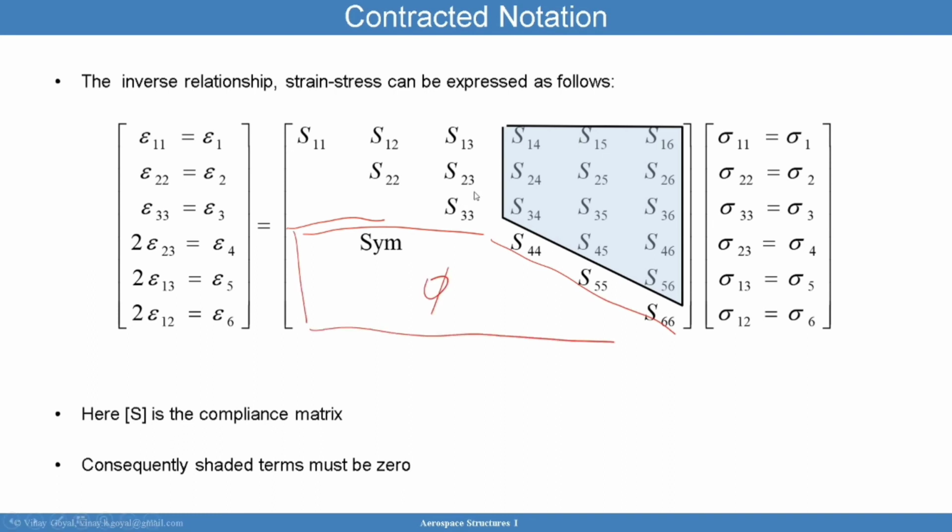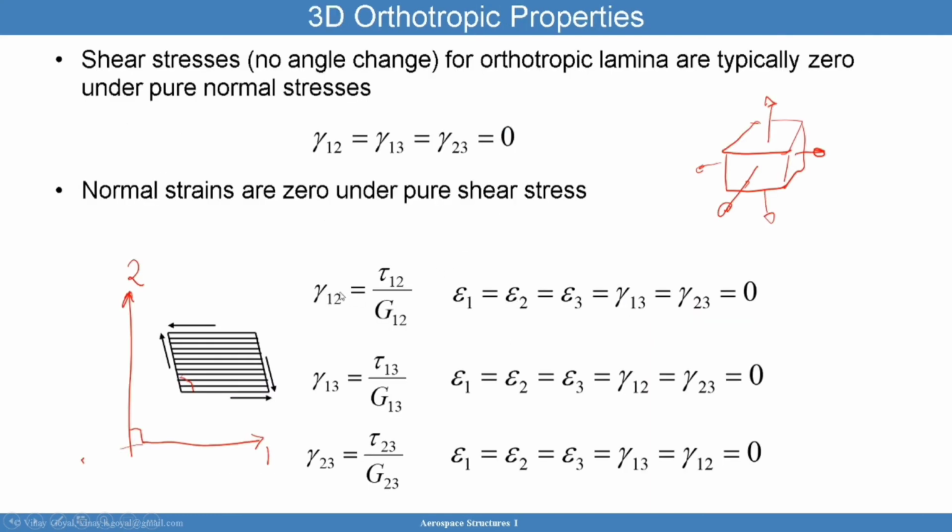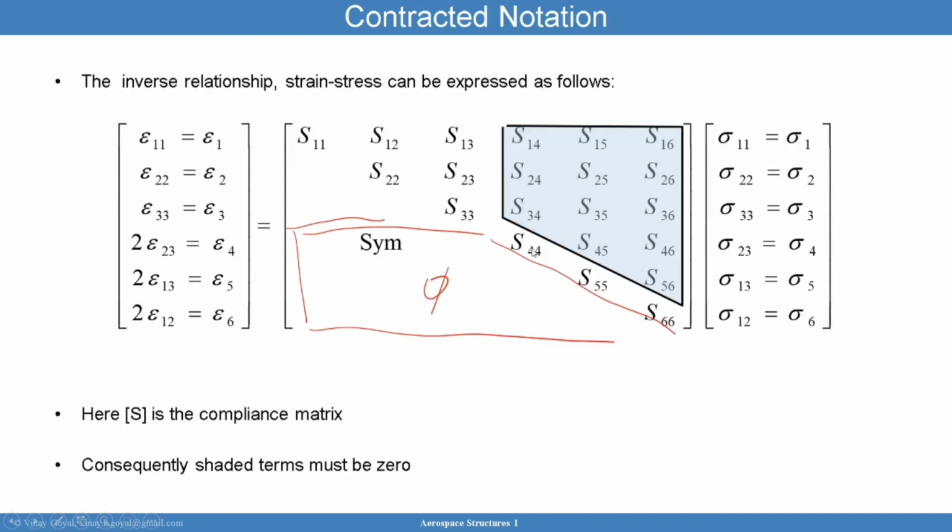And so what I'm left with then are these diagonal terms which correspond to shear properties. And those are directly found from this relationship. You can see gamma 12 equals tau 12 divided by G12. So S66 here, for example, is 1 divided by G12.